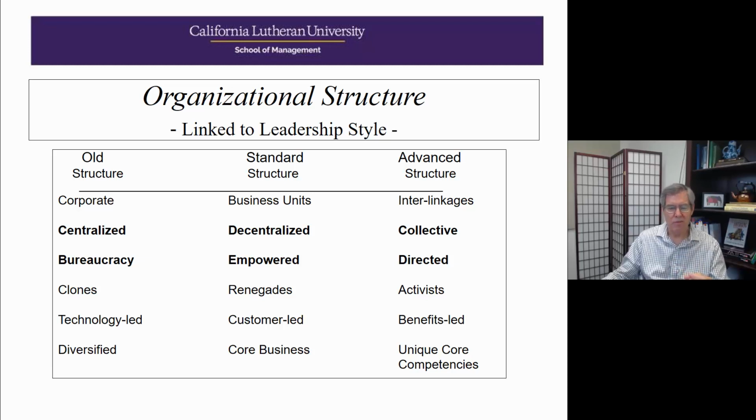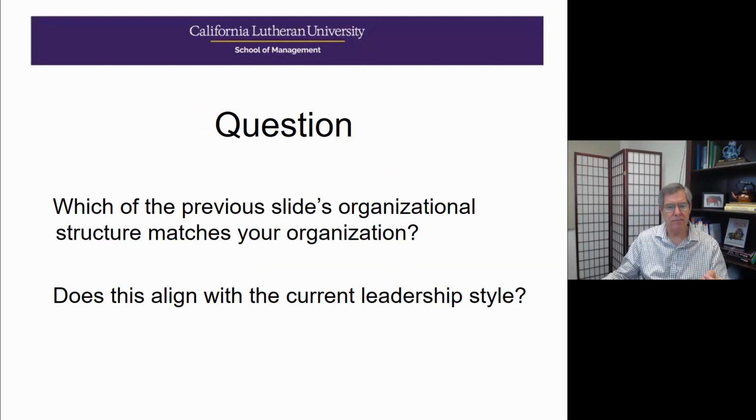You're anticipating what the customers want and coming up with new, unique products. And you have a unique core set of competencies, of skills, which differentiate you from everyone else and make you different from everyone else within your industry. So, looking at this, which one of the previous slides' organizational structures match your organization? Does this align with your current leadership style?